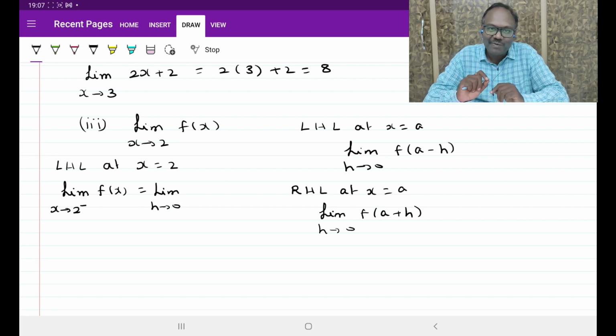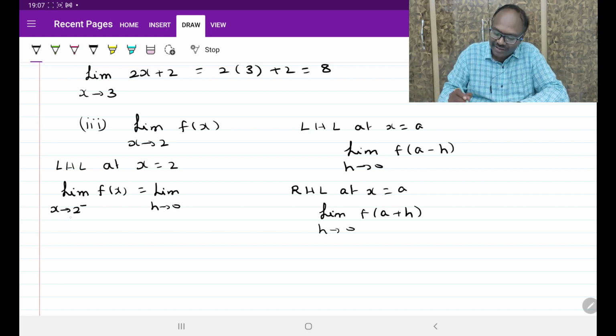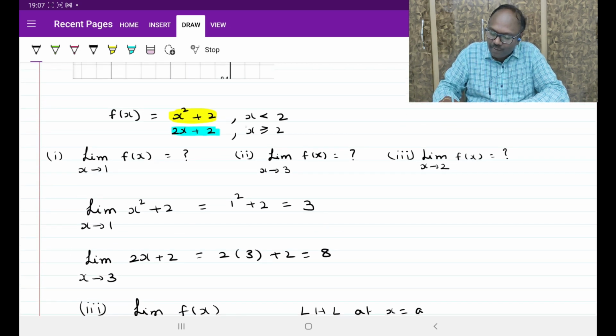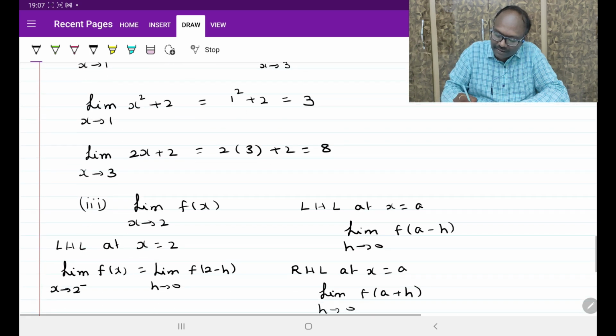If I remove that small positive value from 2, we get 2 minus h. So the value of x is 2 minus h. So we write it as f of 2 minus h. Obviously 2 minus h is less than 2. So when the value of x is 2 minus h, that is less than 2, I should choose the first definition. So f of 2 minus h is 2 minus h whole square plus 2.